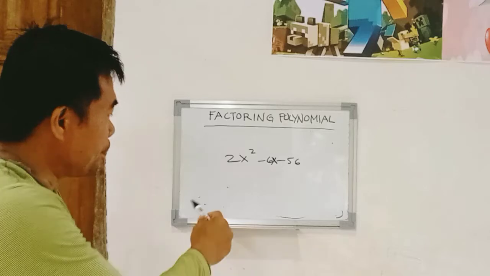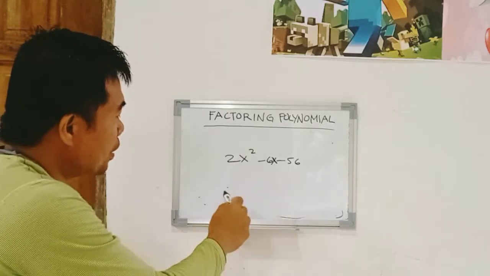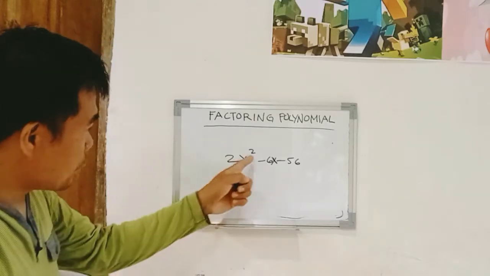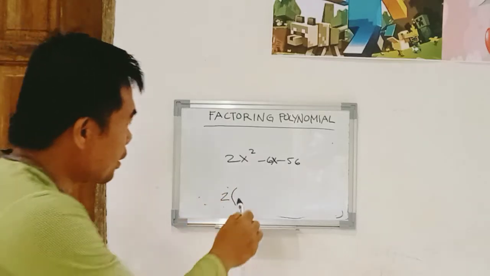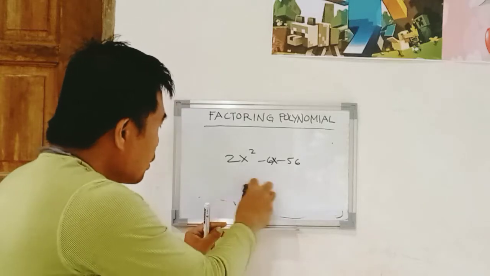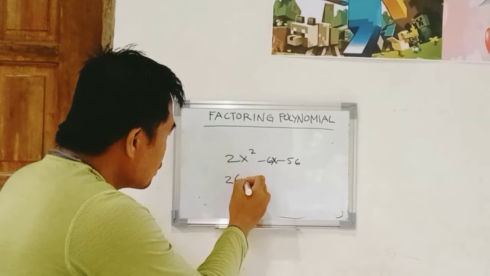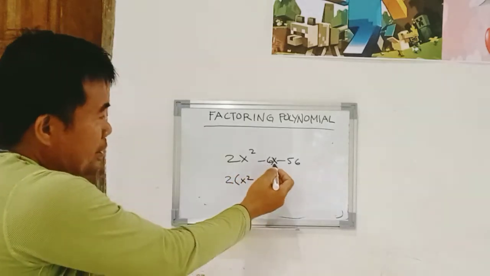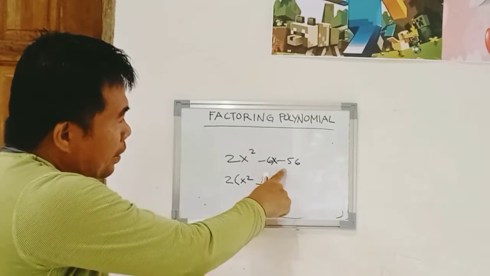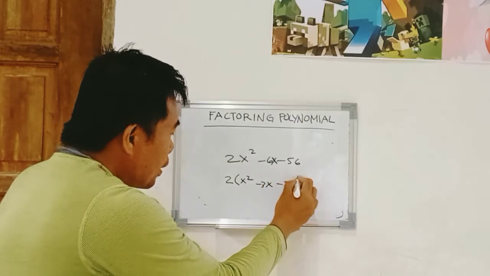In this case, since all the coefficients are even, our common factor is 2. 2x squared divided by 2 is x squared. Negative 6x divided by 2 is negative 3x. Negative 56 divided by 2 is negative 28.